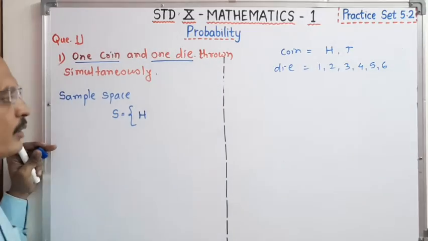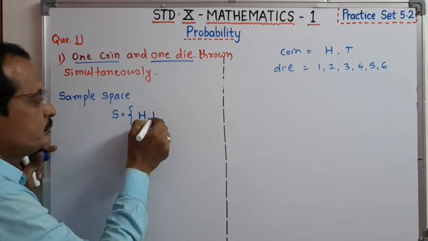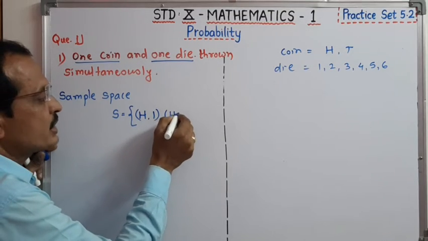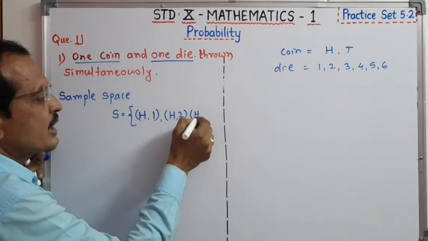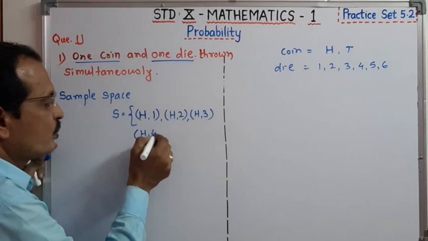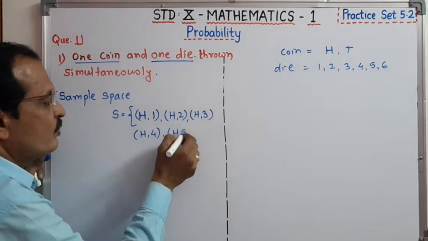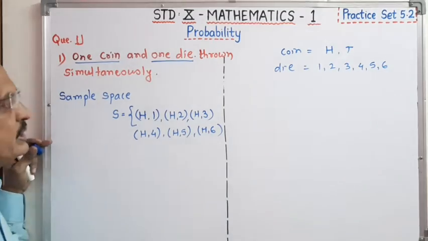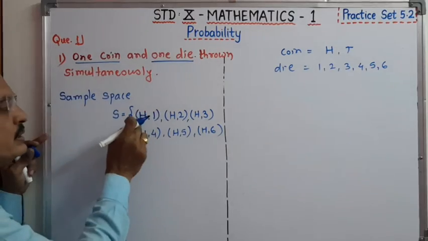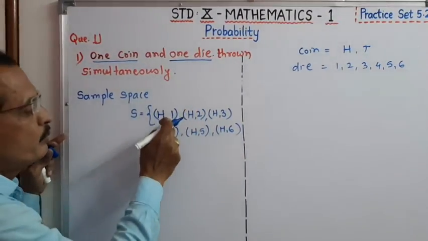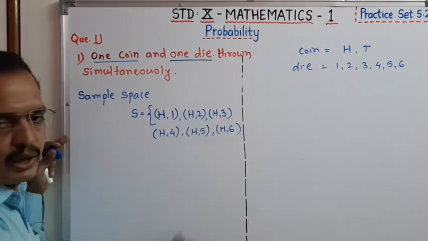Got it? Therefore H and 1, this is the first possibility. Second will be H and 2. Then H and 3, then H and 4, H and 5, and H and 6. That means for the coin, every time H will be there, but with the die there will be 1, 2, 3, 4, 5, 6.